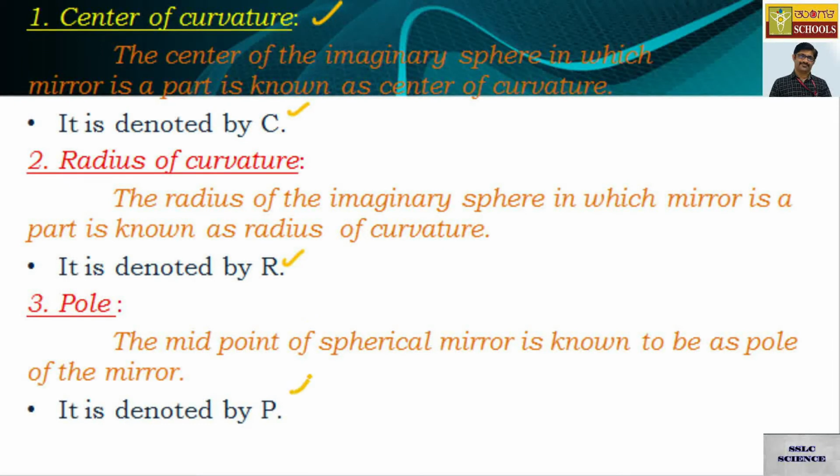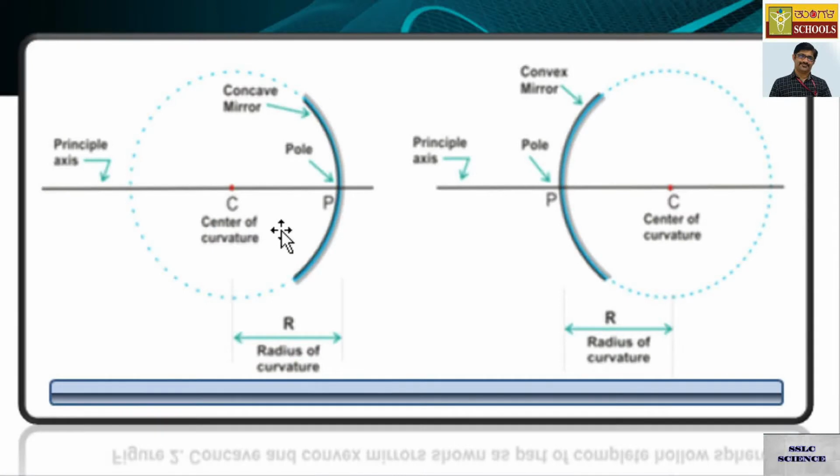Let me take all three into the diagram. So for the concave mirror, this is the center of curvature. That is the center of the imaginary sphere, shown by the dotted lines in this case. And in the convex mirror too, you have the dotted points.